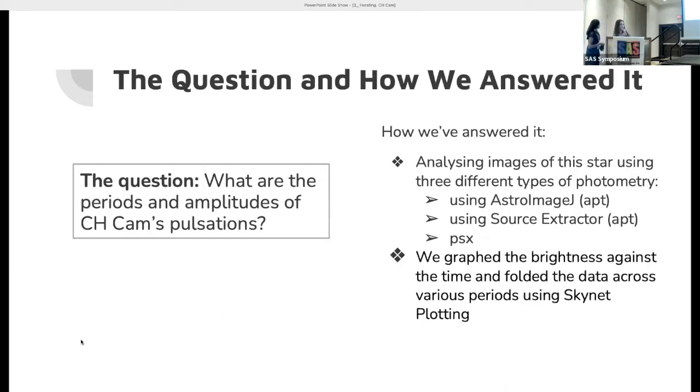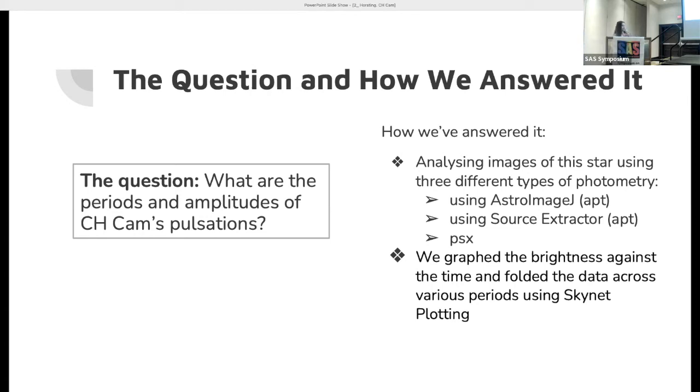All right, so we took images over seven different nights, consecutive imaging. With these images, we used 3 different methods of analysis. One using aperture photometry on Image J, another using source extractor photometry, and another using PSX photometry, although we have not finished that analysis, so we will not be showing that data today.